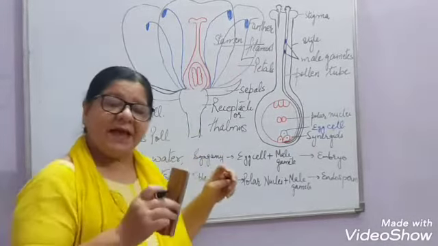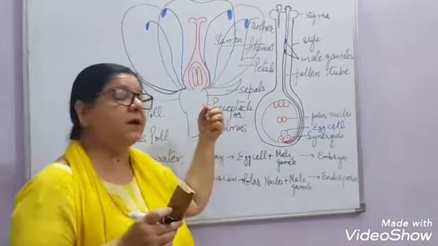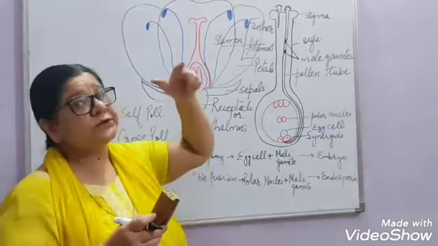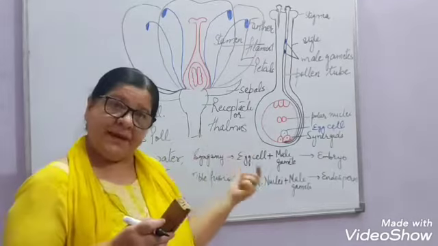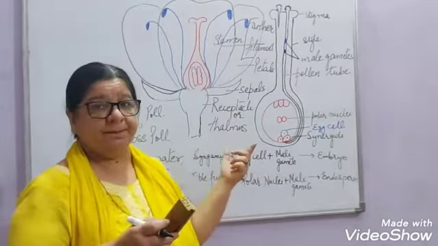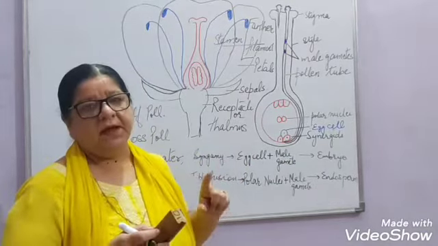Cross-pollination is when the pollen falls from the stamen of one flower to the stigma of another flower. Maybe in the same plant, maybe in another plant, but of the same species.